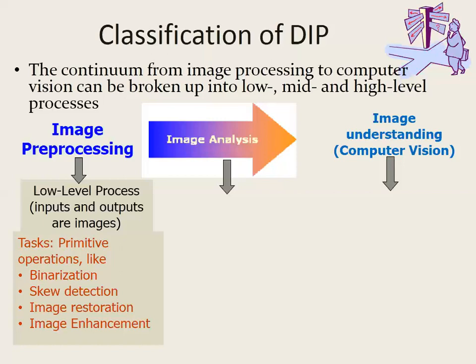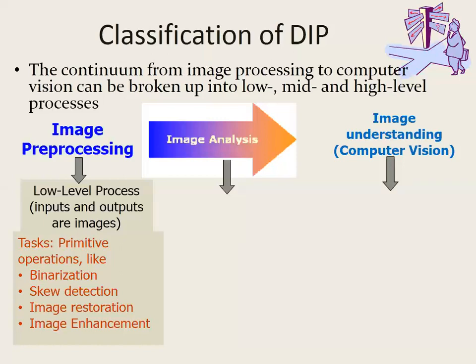This requires skew detection and correction. We have to understand the angle of skewness, and then based on that angle, we have to correct the skewness. That will make it easier for the system to recognize the object.